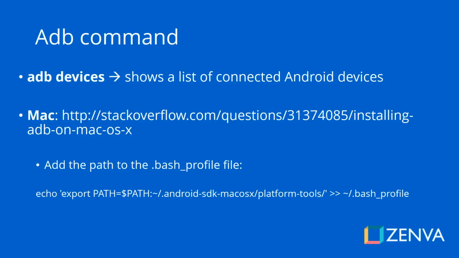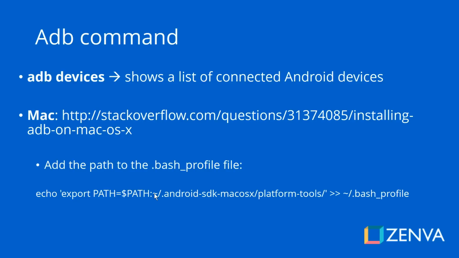And in the command line in the Mac, if you open a terminal, what you can type is the command that's there, which means that we are adding a certain path to the PATH variable. And this part here that says .android SDK Mac OS, this whole part needs to be replaced by the path where you've installed your Android SDK.